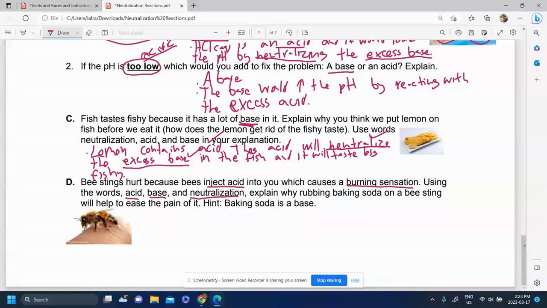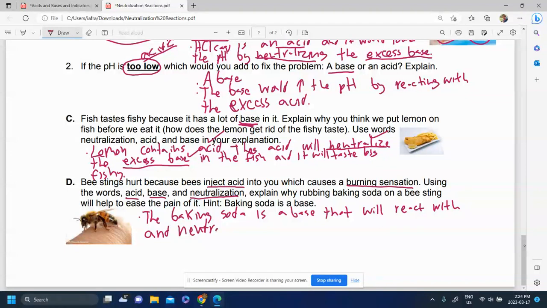So we know that the baking soda is a base which will react with and neutralize the acid from the bee sting.